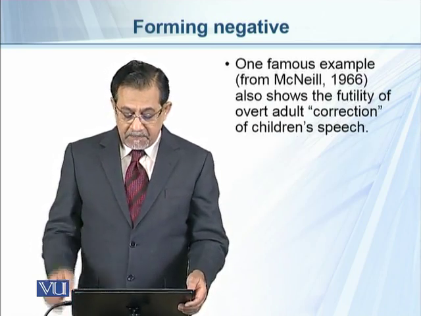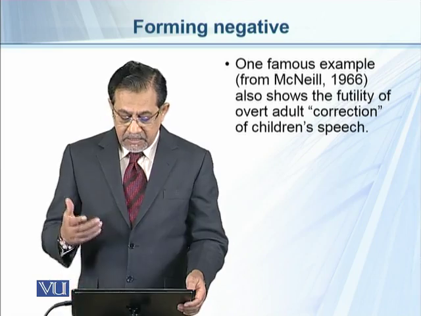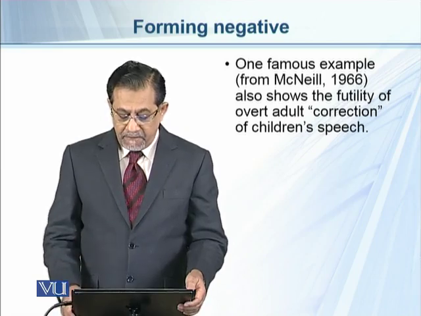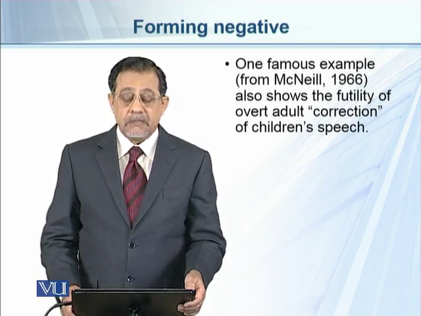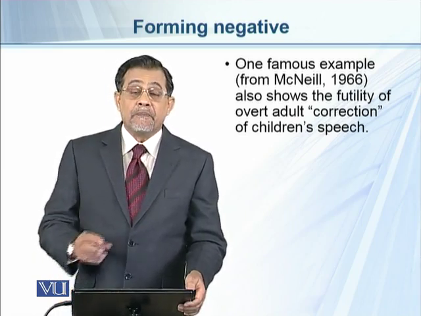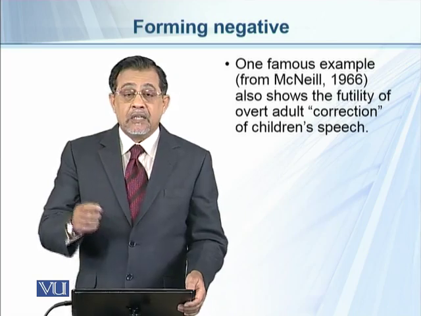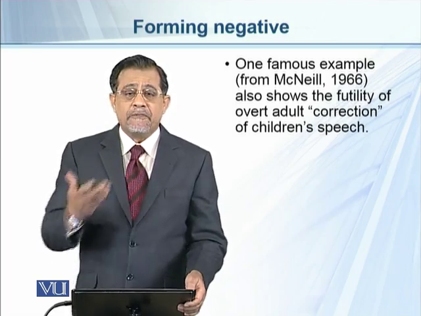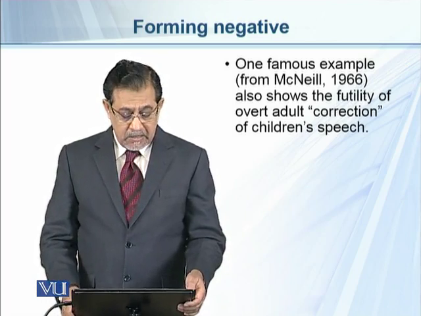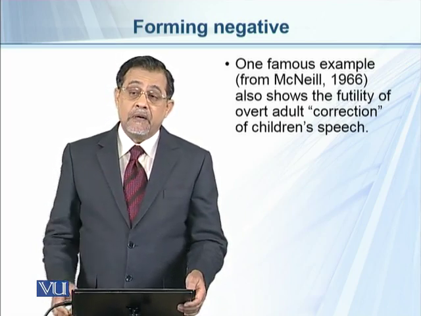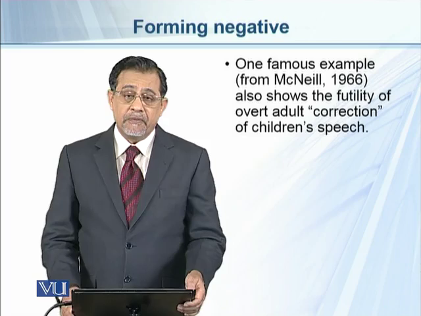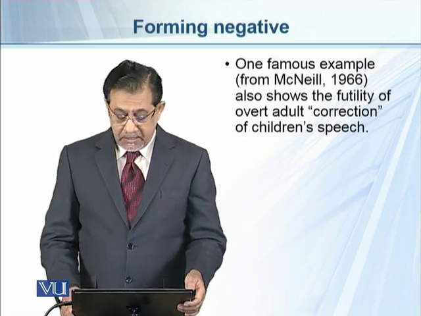One famous example from McNeill also shows the futility of overt adult correction of children's speech. If the adult starts correcting the child, sometimes it is of no use. Rather, the child will have their own method of making negative sentences.